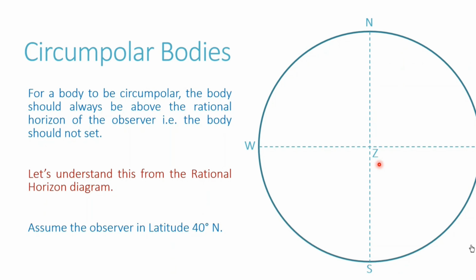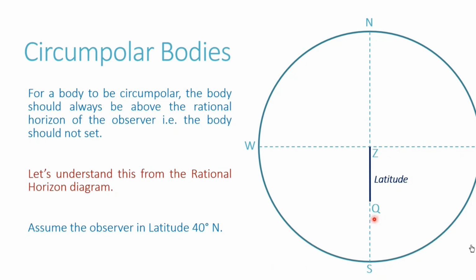Now, since the observer is in the north hemisphere, the latitude is north, and the equinoctial will be passing south of the observer. So from point Z, if we go down south equal to our latitude, that gives us the point from where the equinoctial will be passing.